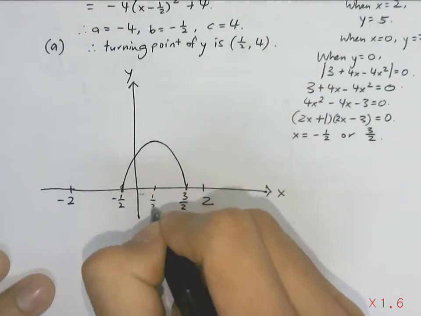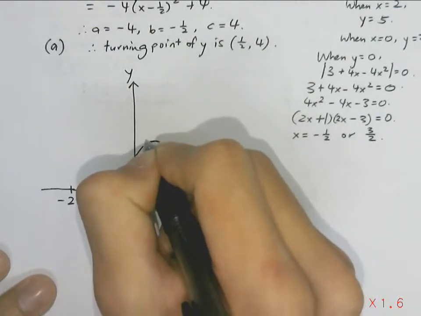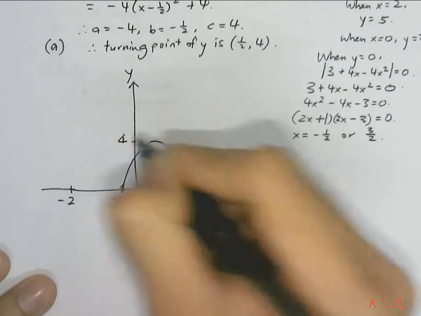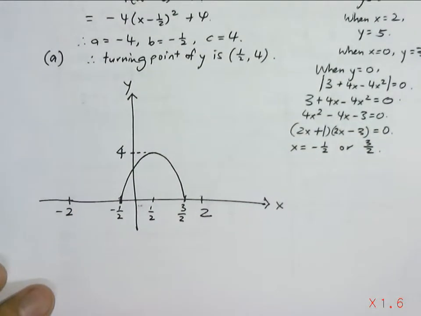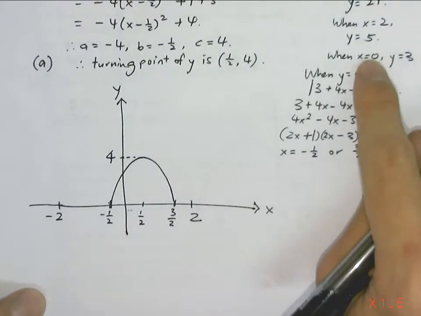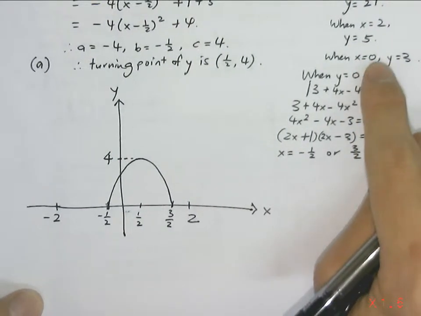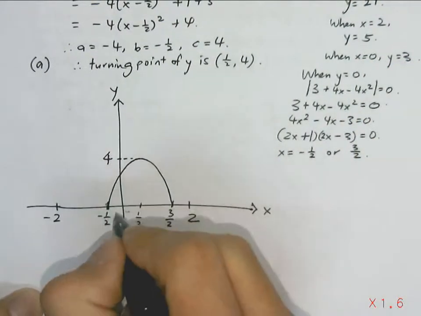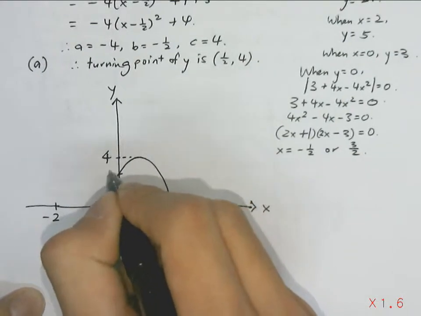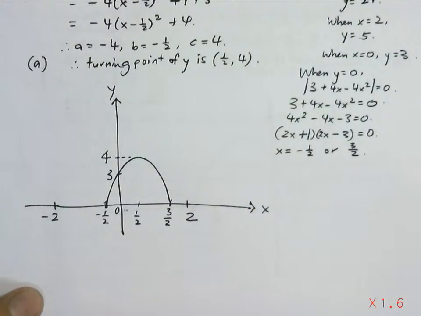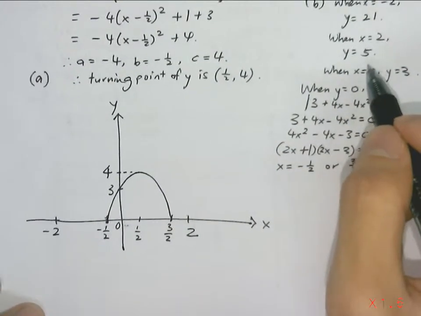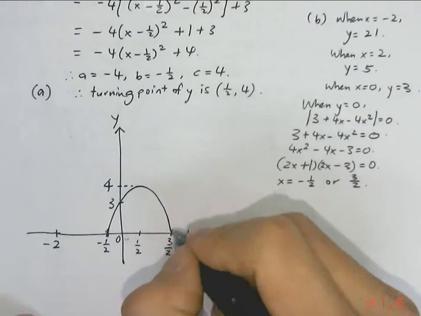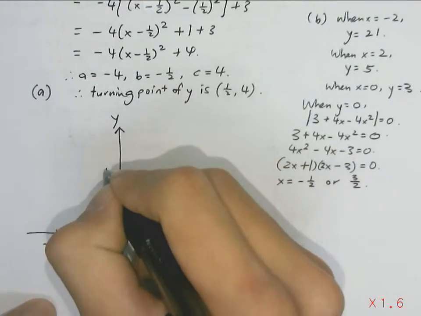So half, this value will be 4. Also note that the intercept of the y axis is 0, 3. So 0, 3. When x equals 2, y value is 5. So that will reach here.